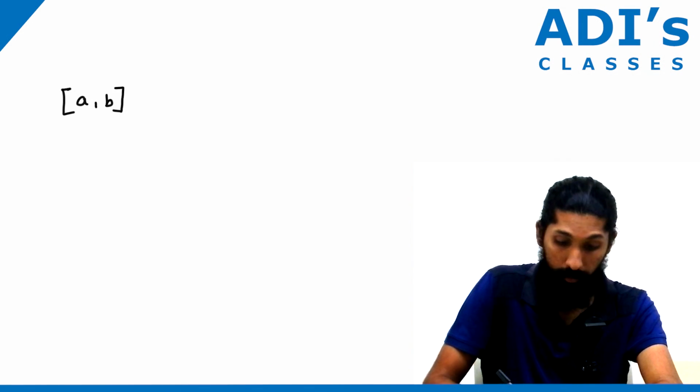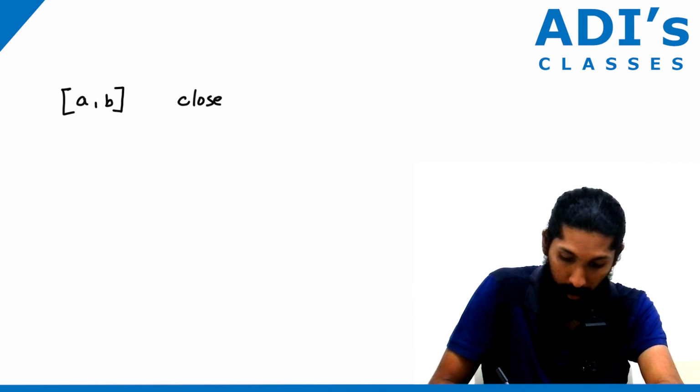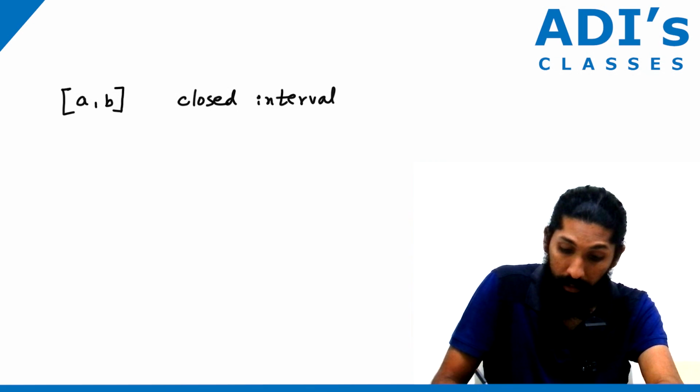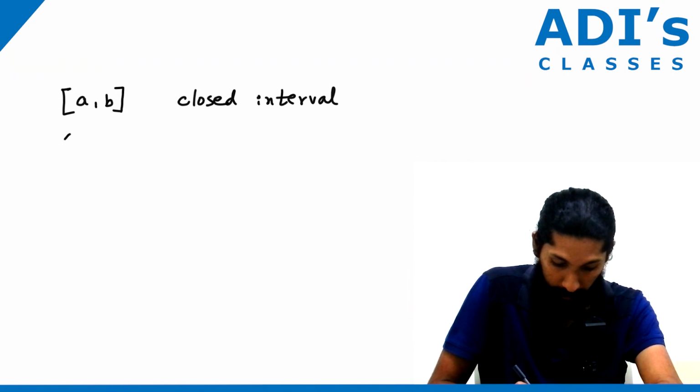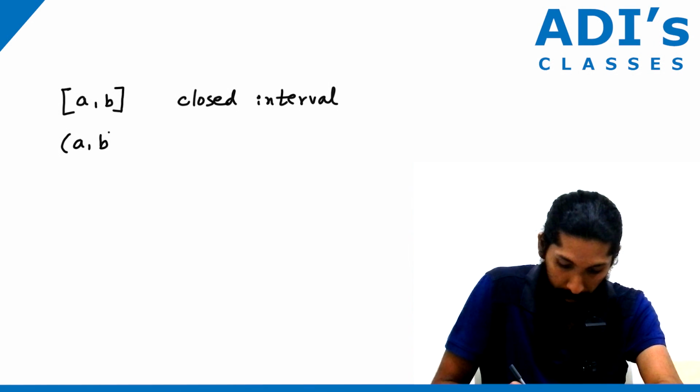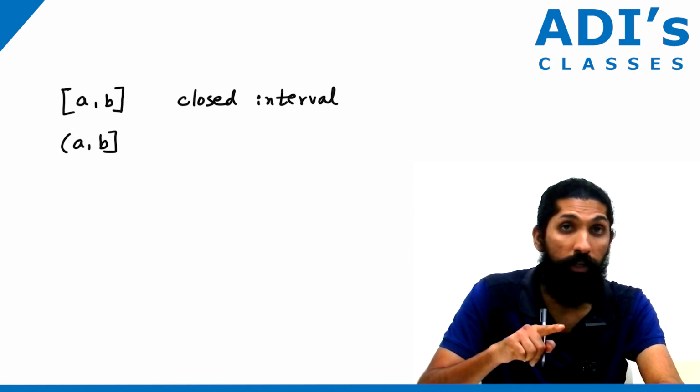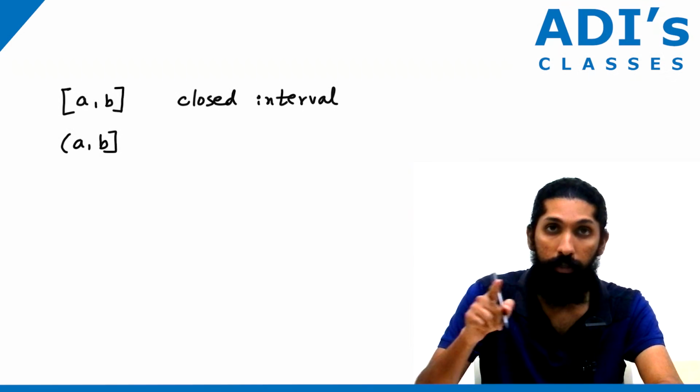If you summarize, the first one is what you have, [a, b]. This is what we call a closed interval, where both a and b are included within the set. Suppose if you write it this way, (a, b], this is one end open, one end closed.